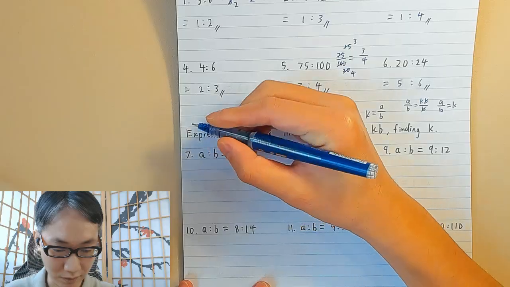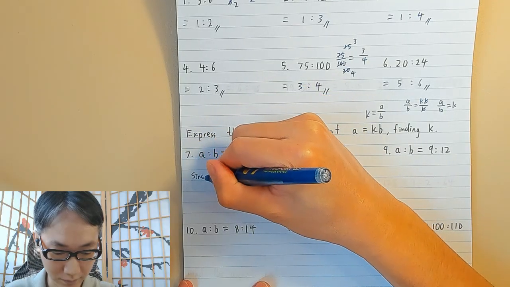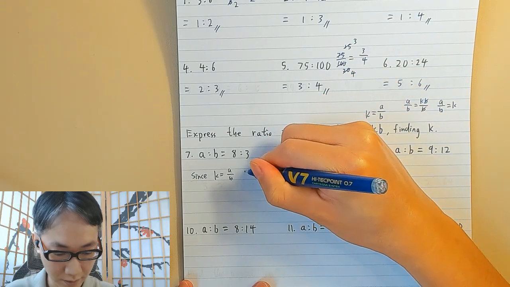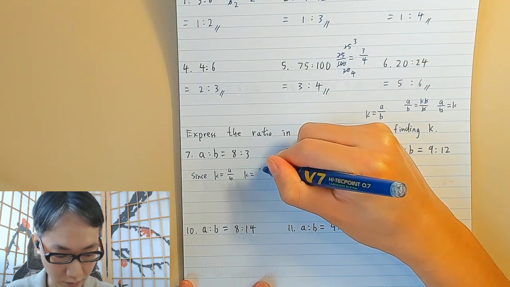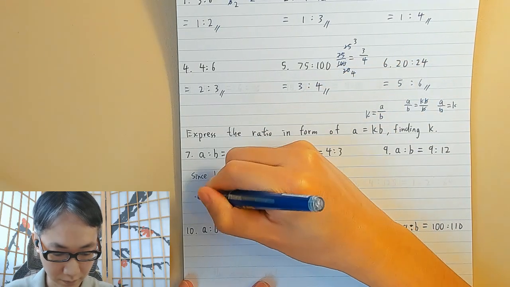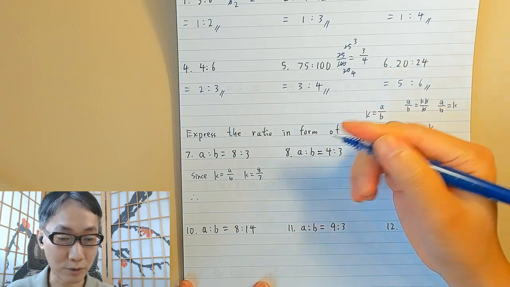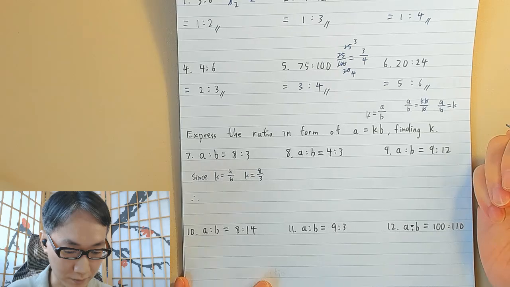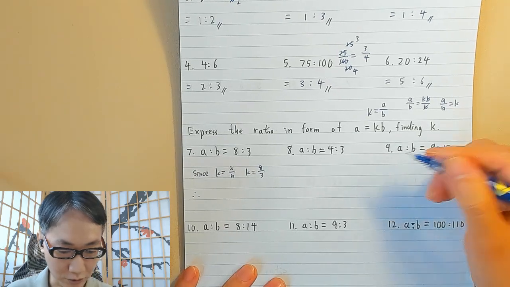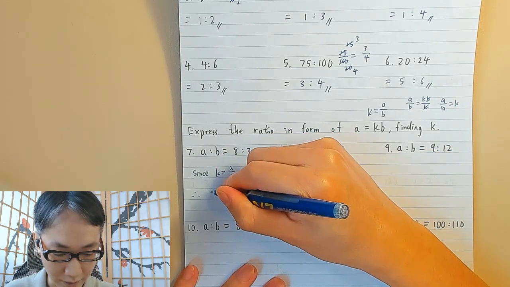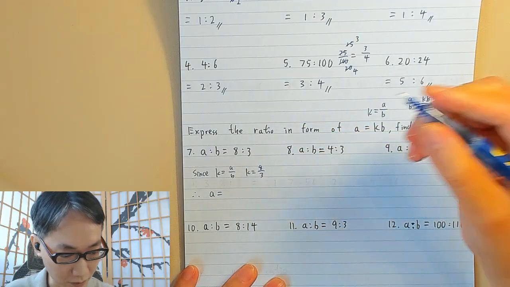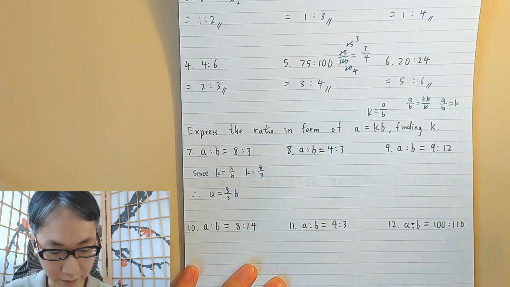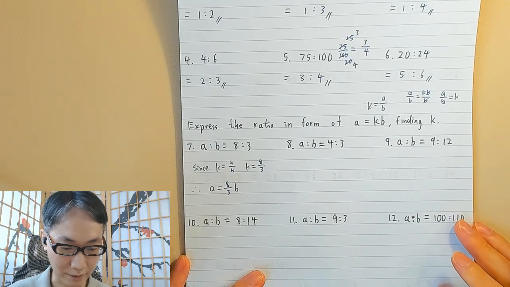So to express this ratio, A is equals to 8 over 3 B.